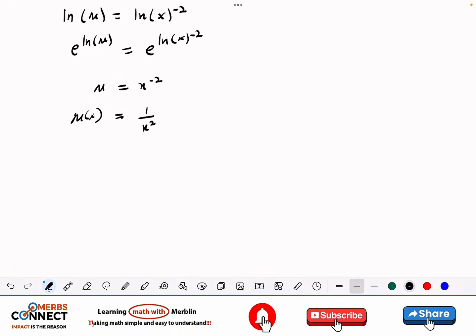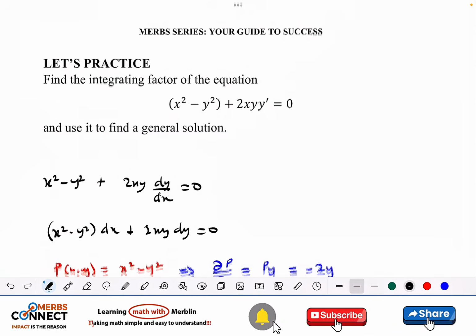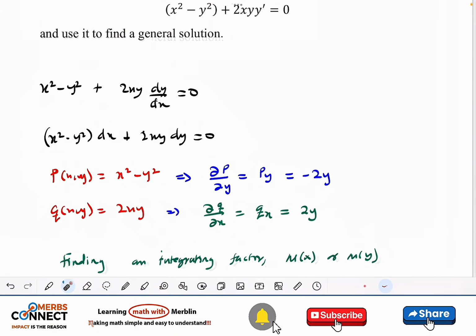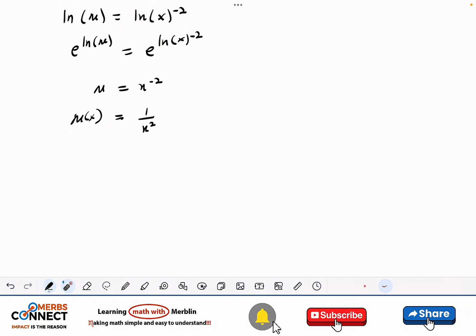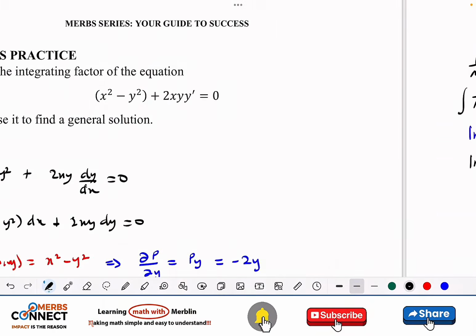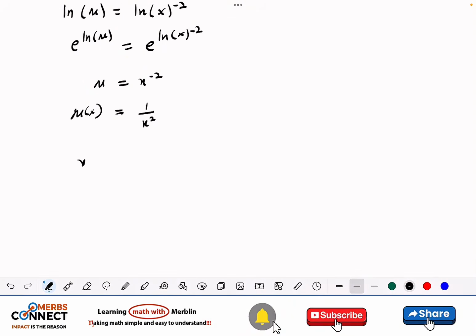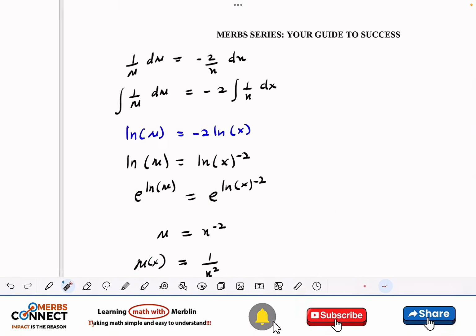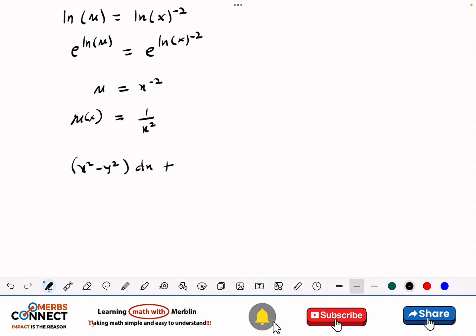So we found out that for the function to be exact, we just need to multiply this function by the integrating factor and see if it is exact. So now let's go. We have the function to be (x squared minus y squared) dx plus 2xy dy is equal to 0.